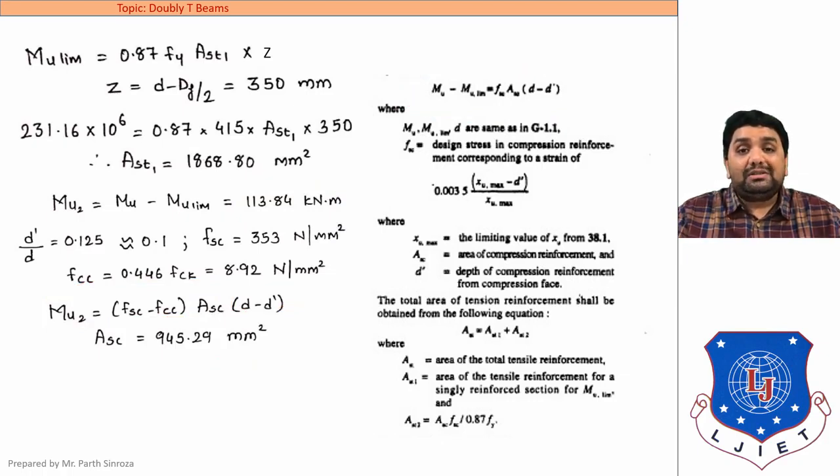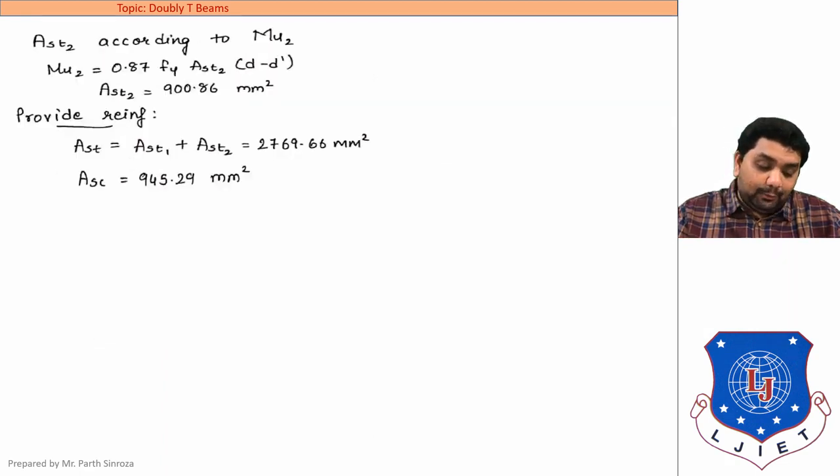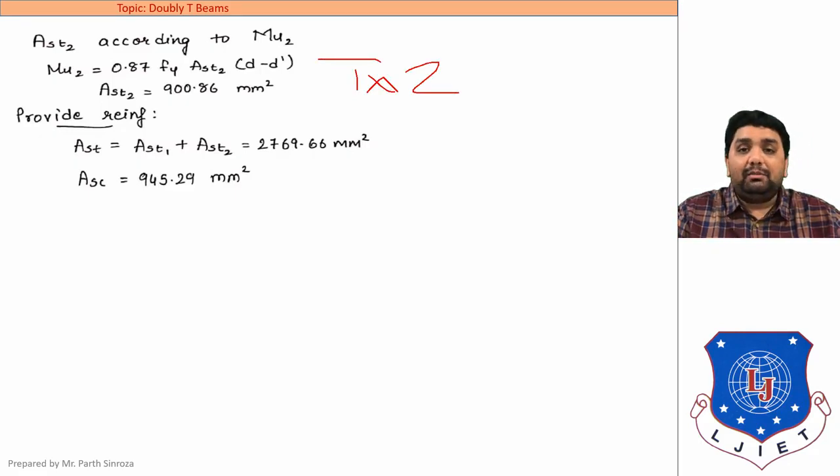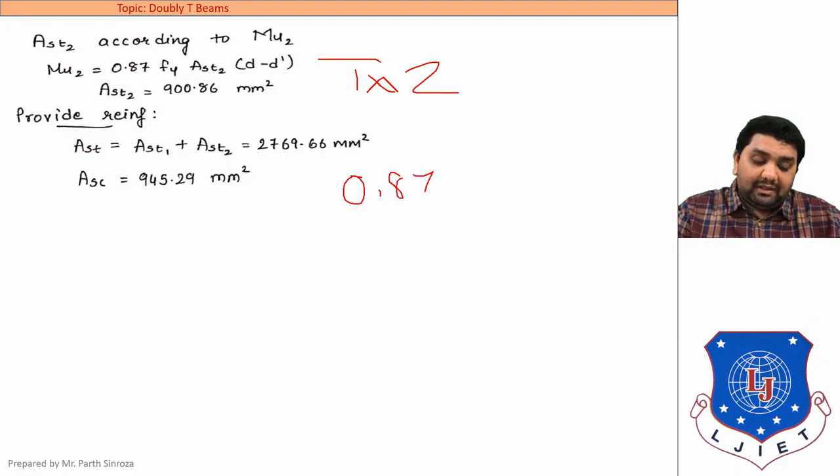Now we will be moving towards the third portion, that is AST2. And to find AST2, we will be dealing with MU2 that we have discussed. So MU2 will be equal to T into Z. The same equation we will be using as we have seen for AST1. Clear? The only difference here is that T will be different and Z will be different. T will be taken as 0.87 F by AST2.